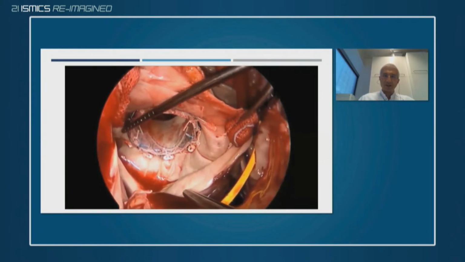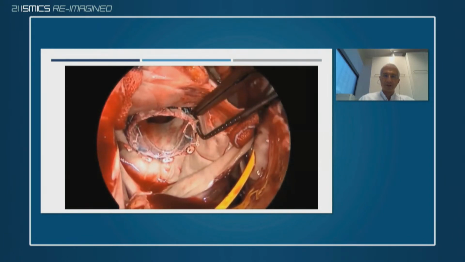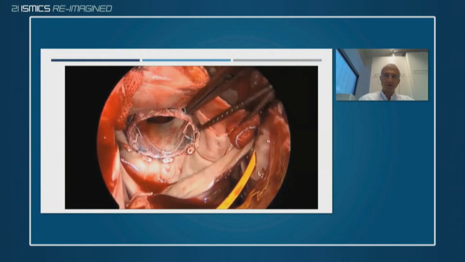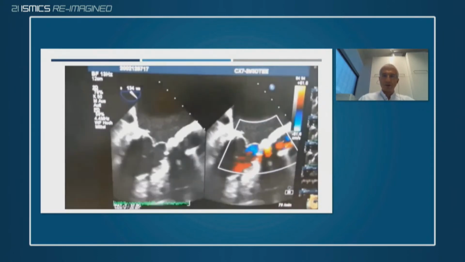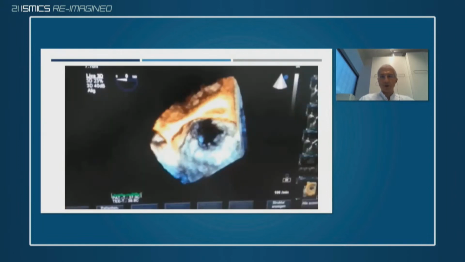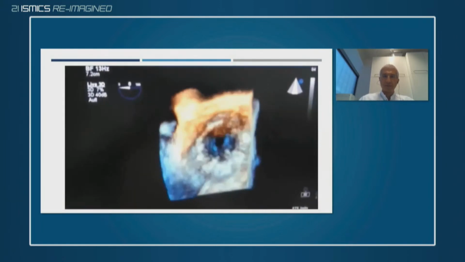We also checked that there is no paravalvular regurgitation at the commissure sides of the ring, and echocardiography also showed no paravalvular regurgitation with a good opening of the valve with a mean gradient of 2 millimeters mercury.